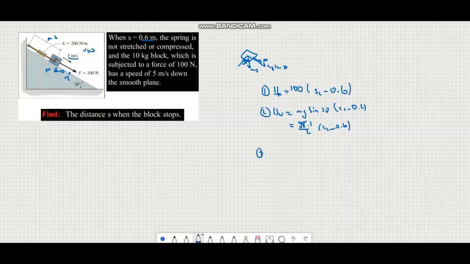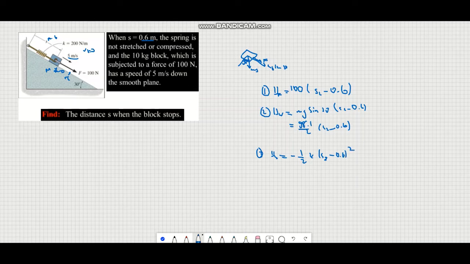The third one is the potential energy of the spring. The spring energy is minus 1 over 2 k, where the spring constant is given as 200 Newton per meter, times S2 minus S1, which is 0.6, squared.